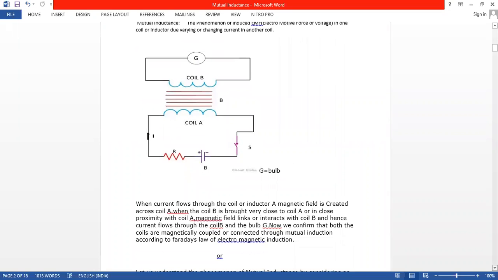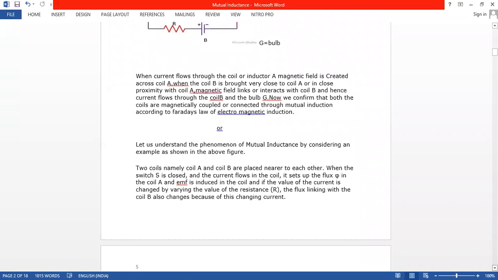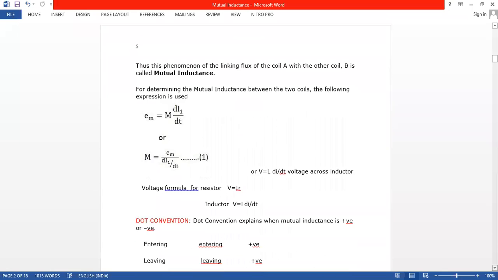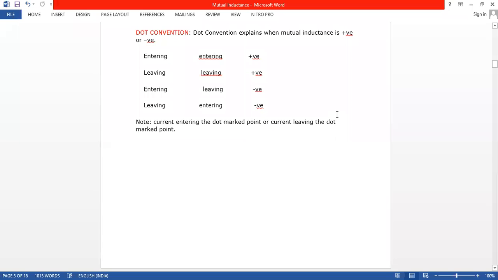Understood? If I am using a battery between two coils, then I have to use the word conduction. Wherever a battery is present, the word is conduction, energy transfer. Wherever magnetic energy is present, the word is induction. So magnetic energy present between two coils means it is mutual induction.